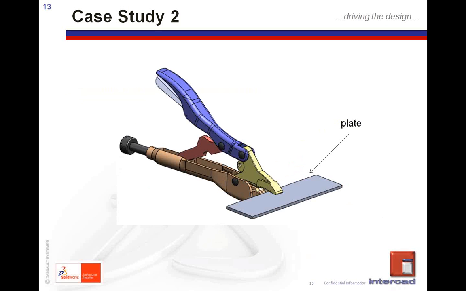The assembly is composed of two arms, a center link, a clamp, and a plate. We will apply 180 newtons from this handle, from here and here, and we are not interested in the results of this plate, so we will not include it in the analysis. Instead of that, we will use a boundary condition on the clamp and the lower arm to simulate it.